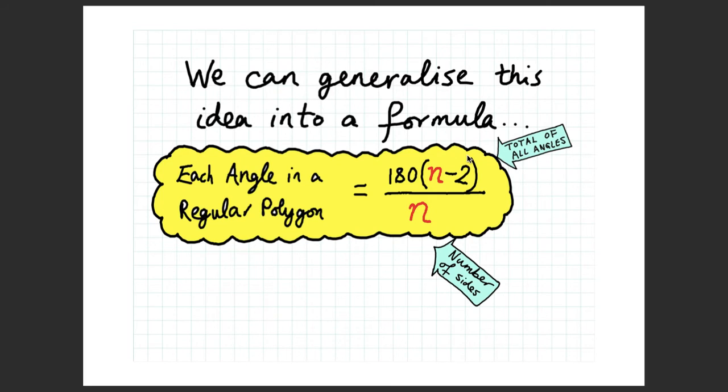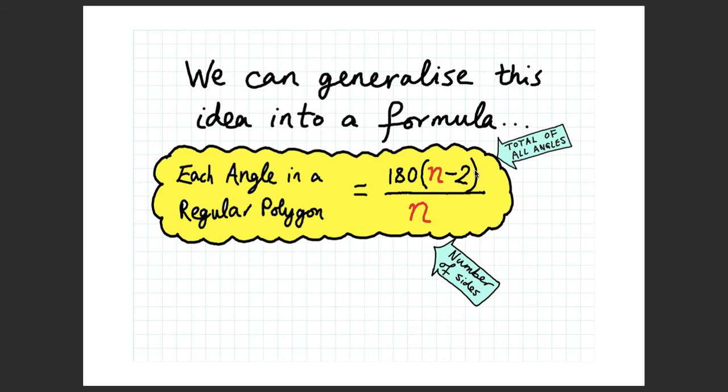So you can generalize that idea into a formula. If you want to know what each angle is in a regular polygon, so not the sum of all the angles, but just each individual one, you take the number of sides minus 2, that gives you the number of triangles you can split it into. Each triangle is 180, so you multiply by 180 and you get the total of all the angles.